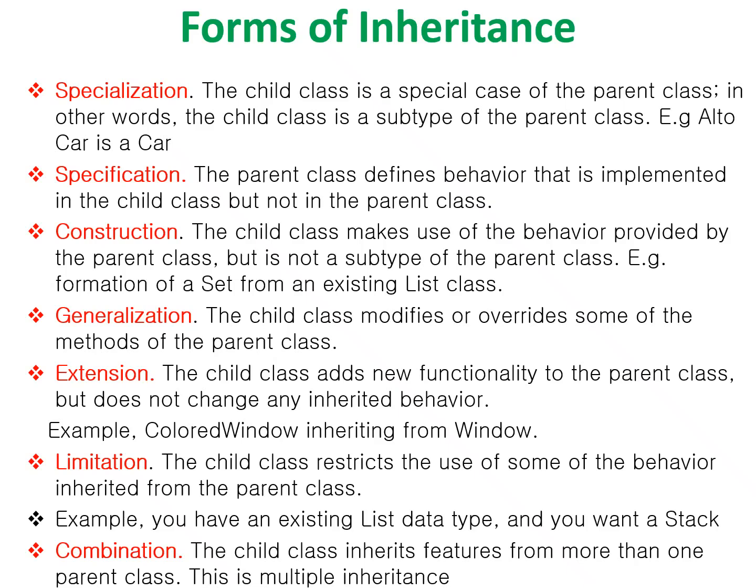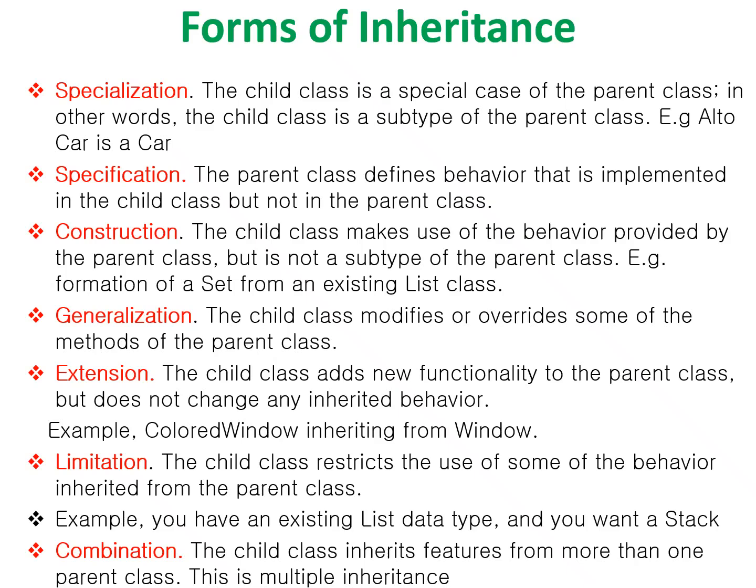Generalization: the child class modifies or overrides some of the methods of the parent class. Extension: the child class adds new functionality to the parent class but does not change any inherited behavior. For example, a colored window inherits from window.